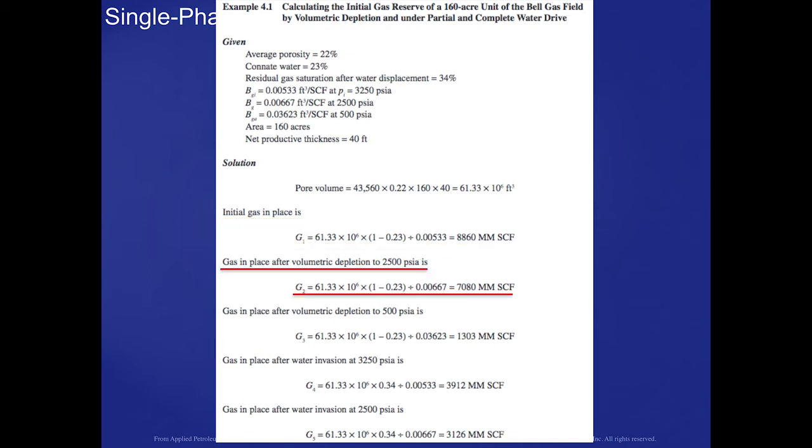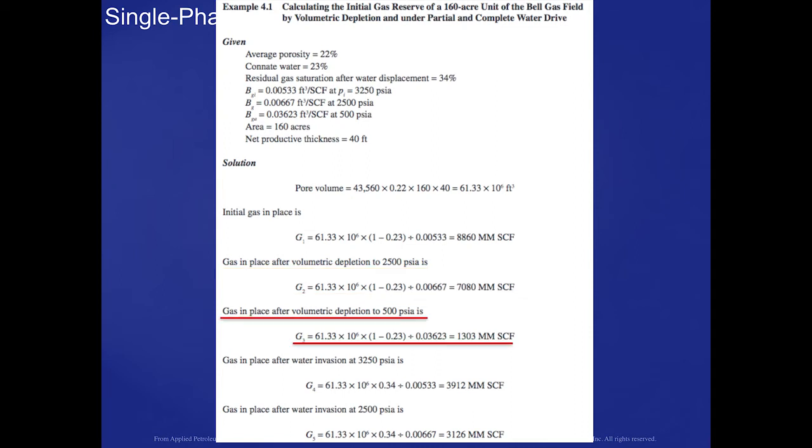Gas in place after volumetric depletion to 2,500 psi is given in this next line, and that's simply the pore volume times 1 minus the water saturation divided by the formation volume factor at 2,500.